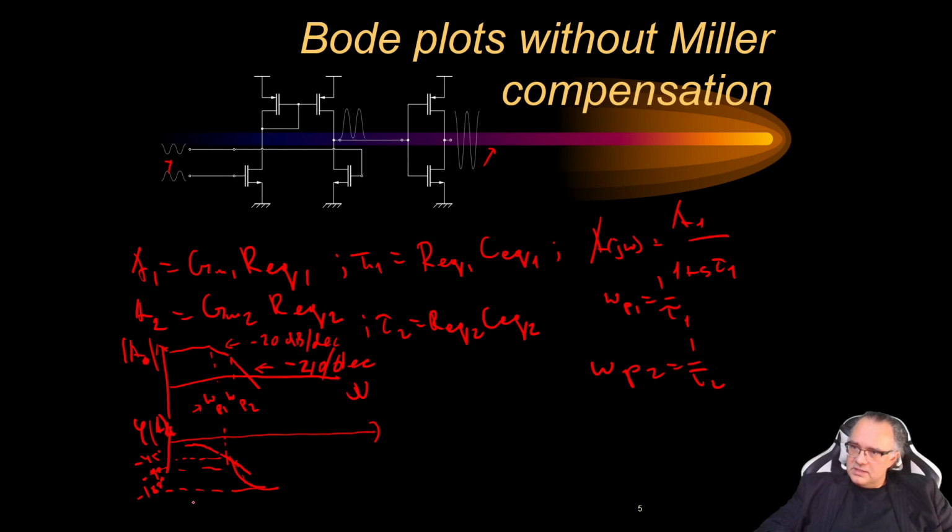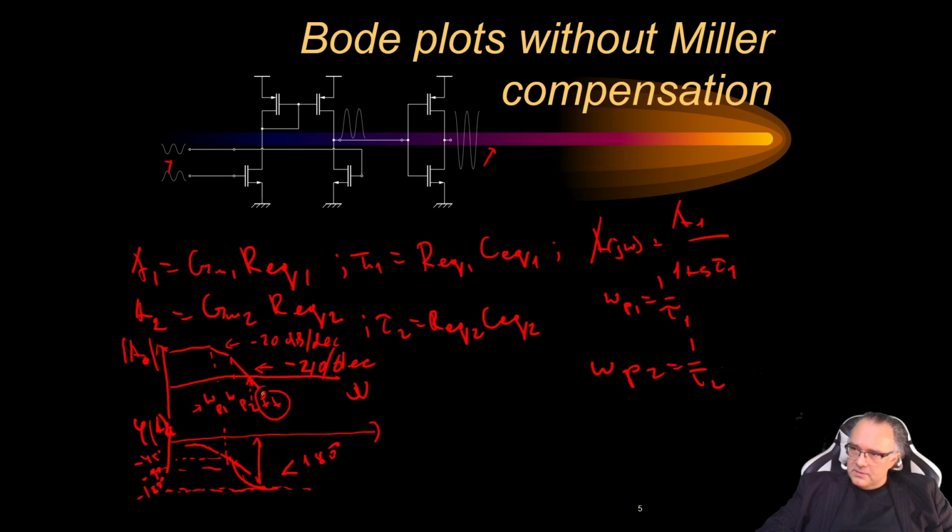So this 180 degrees gives us a very important boundary, because for a stable system, we need to have total phase rotation from the input to the output of less than 180 degrees at the frequency of the unity gain bandwidth.